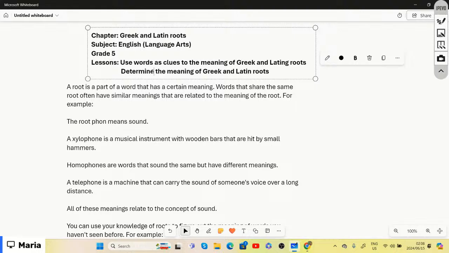So a root is a part of a word, right? And words that share the same root often have similar meanings that are related to the meaning of the root.